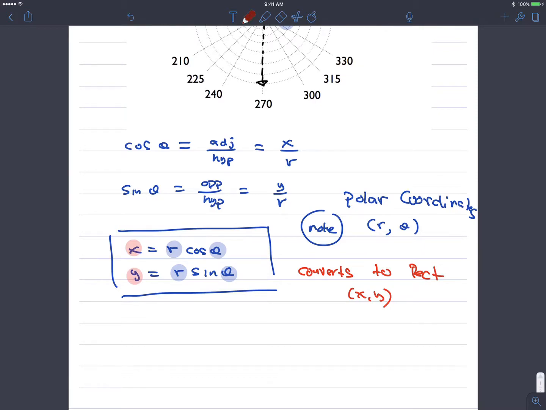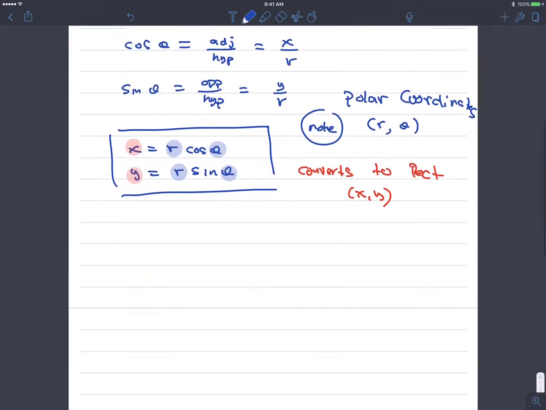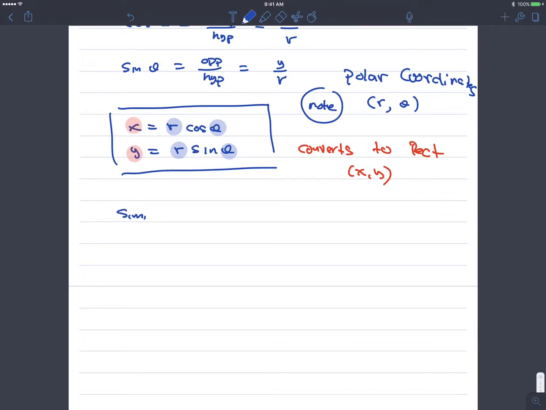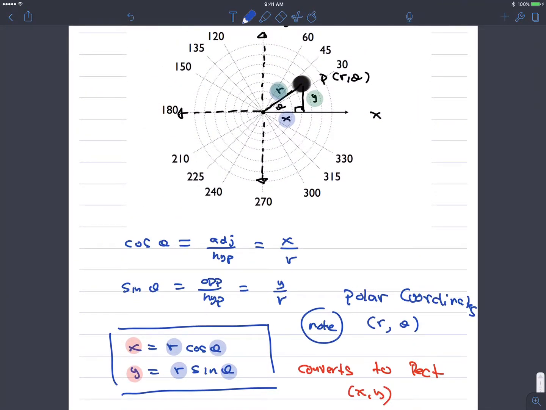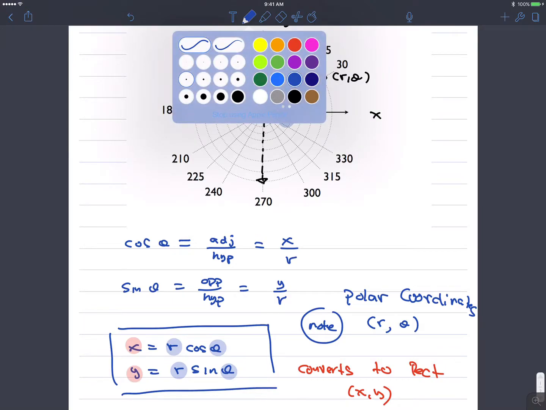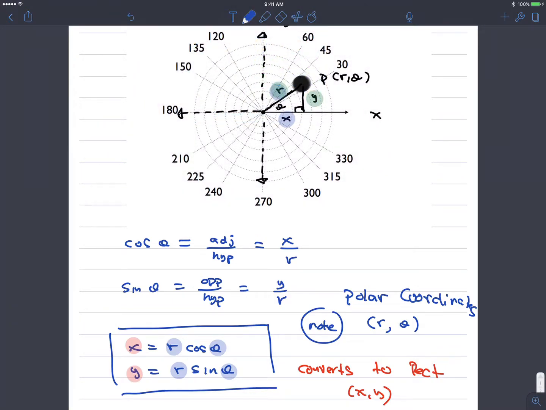And then I'll say to you, similarly, how do we go the other way? Well, let's also notice some interesting relationships. Go back to this triangle we're looking at. Does anybody know anything else about this triangle? What do we know? We got a right triangle here.